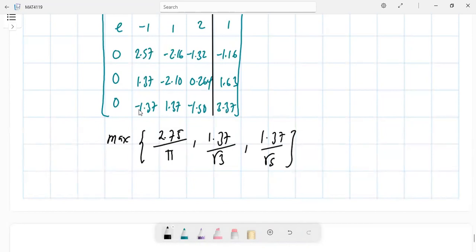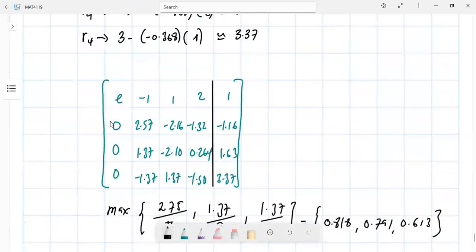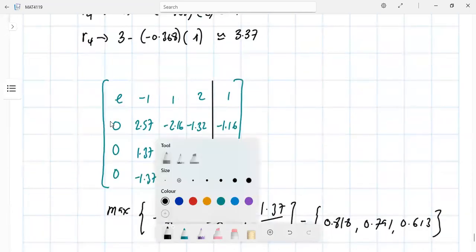So if you punch these guys, you're getting approximately values of about 0.818. 0.791, and then you're getting 0.613. So this now again will tell you more about which rows need to be interchanged here, right?